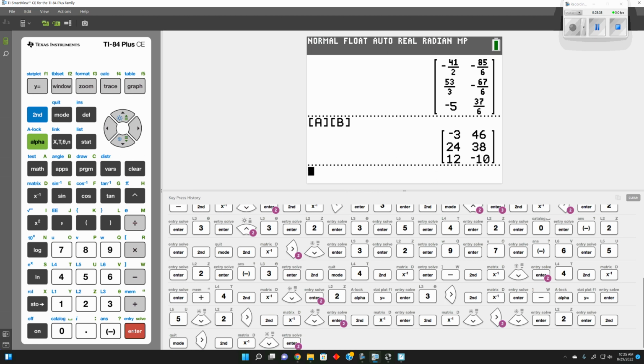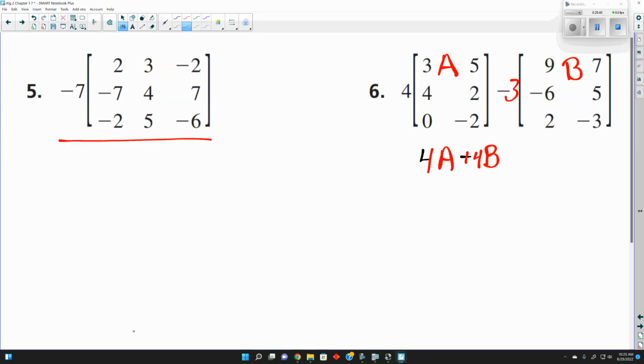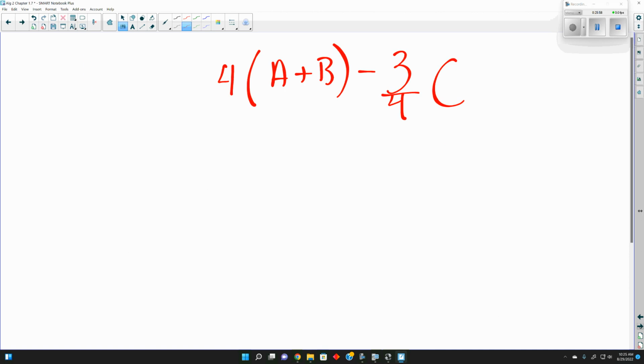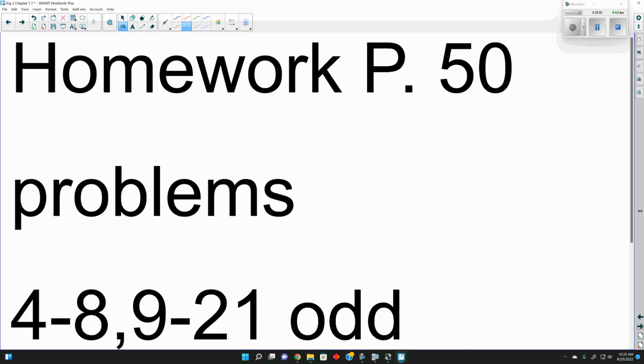So we haven't gone over how to do multiplication yet, and we won't for this chapter, but the calculator can still do it. So when you take the ACT, even if we haven't gotten to multiplication yet with matrices, the calculator will do it for us. Questions on this here? And that's it.